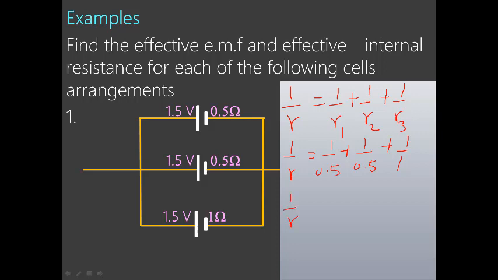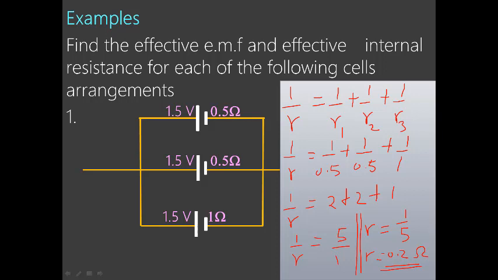So 1 over R will give you 2 plus 2 plus 1, which is 5. When you get reciprocals, 1 over R is equal to 5 over 1. Therefore, R over 1 is equal to 1 over 5. 1 over 5 is the same as 0.2 ohms.